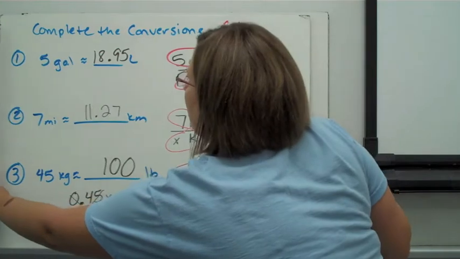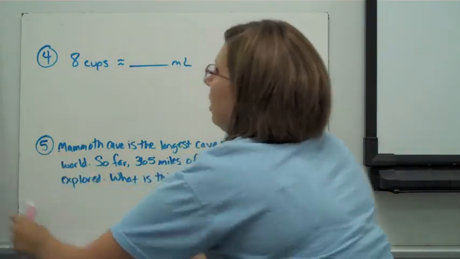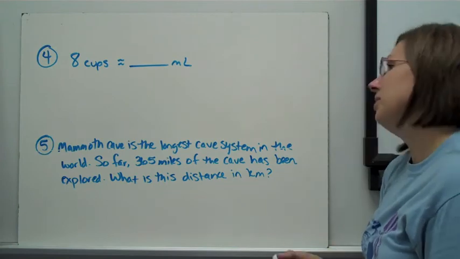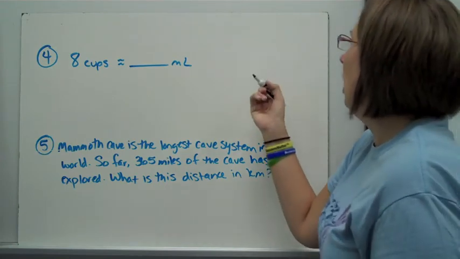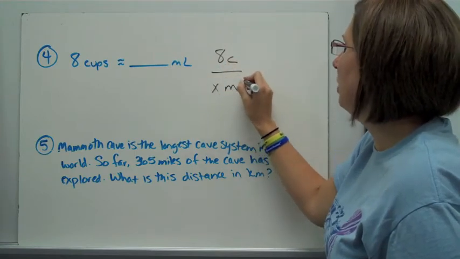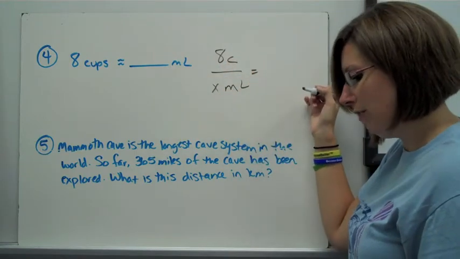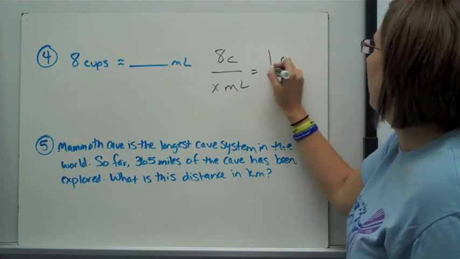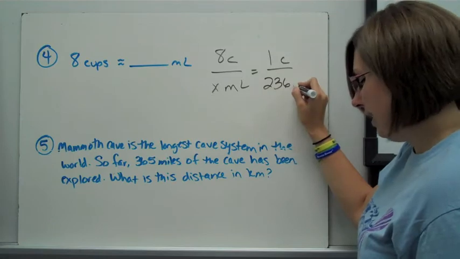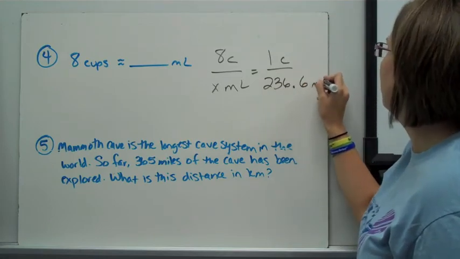We've got some more problems to work through. If I've got 8 cups, I want to know about how many milliliters this is. So I write down what I know, 8 cups. How many milliliters is that? On my chart from before, it told me that 1 cup is equal to 236.6 milliliters.